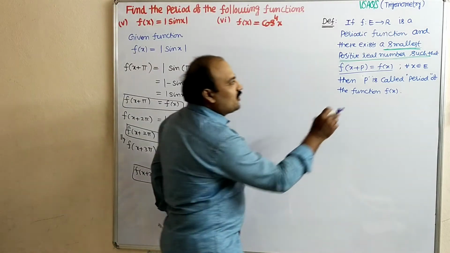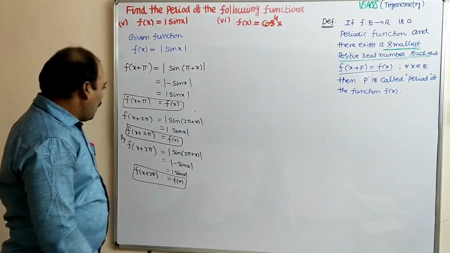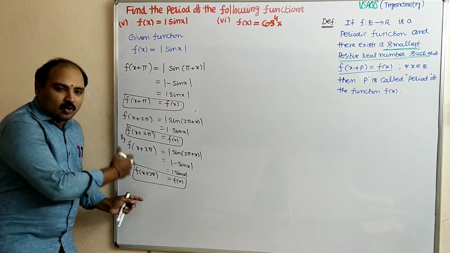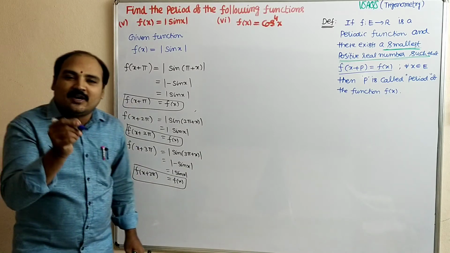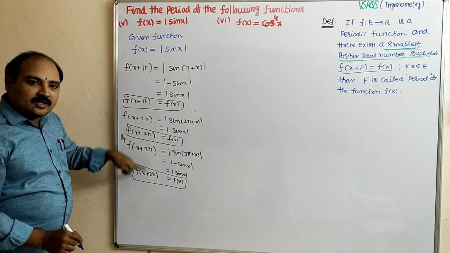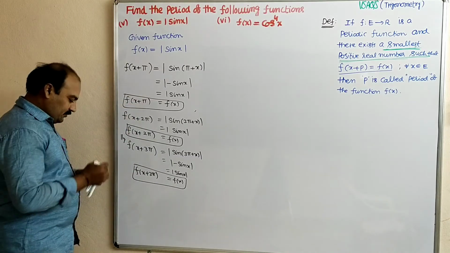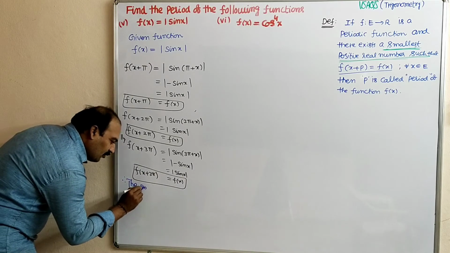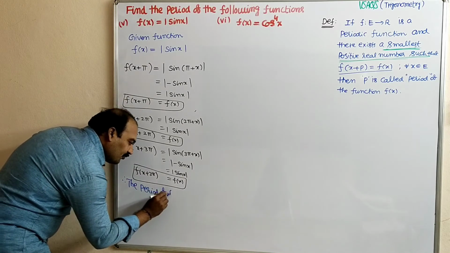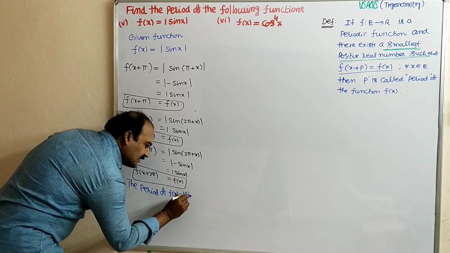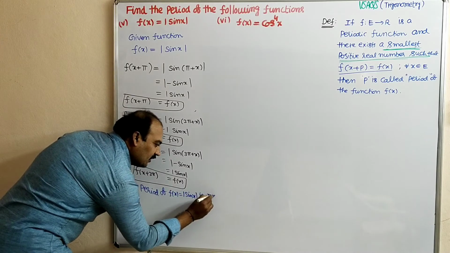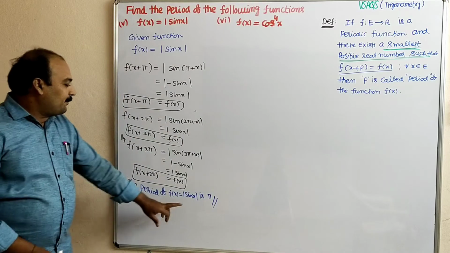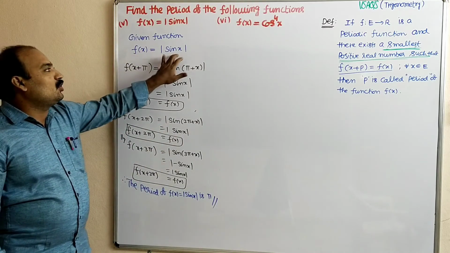But observe the smallest positive real number among pi, 2 pi, 3 pi and so on: pi is the smallest one. Therefore, the period of f of x equal to mod sin x is pi. Among these, pi is the smallest positive real number, and that is the reason pi is the period of the function.